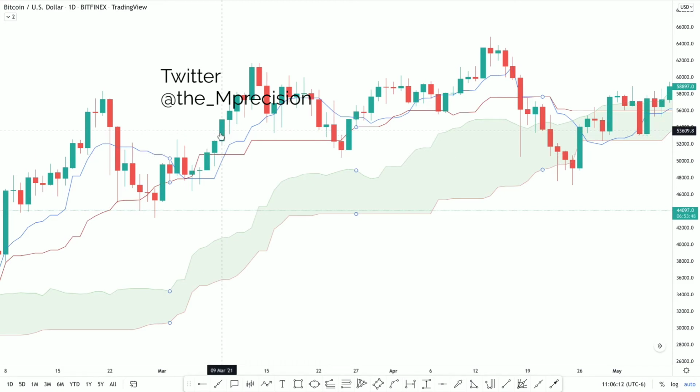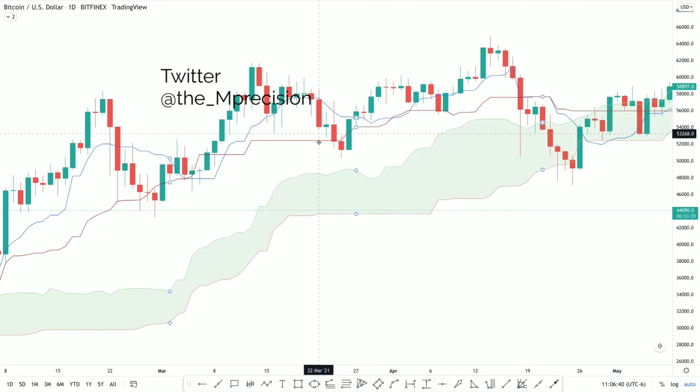What is the price at this point? Is it above the cloud? Yes. Both the conditions are fulfilled. It means since the price is above the cloud and the fast moving average has crossed the slow moving average, both conditions fulfilled, you go long here. If it makes sense and you get it.